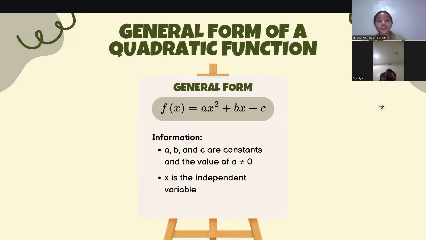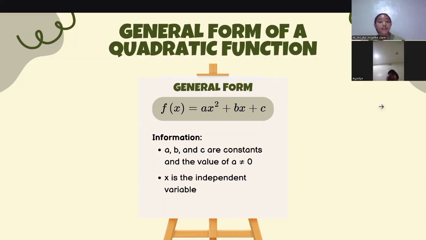This means the output depends on the input value of x. Here, a, b, and c are constants, meaning fixed numbers. Also, a is not equal to 0, so the function remains quadratic.